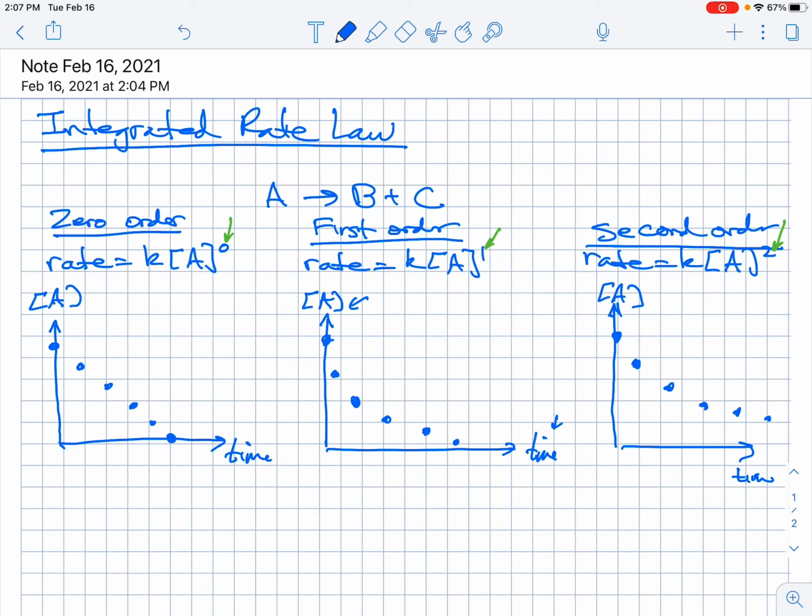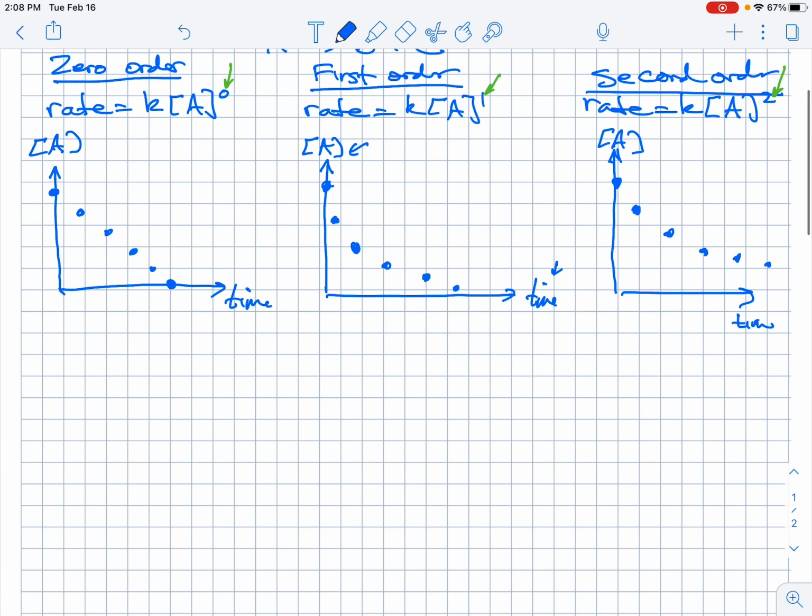The way you do that is that we're going to do some math to make the graphs come out to look like straight lines. This is pretty easy for zero order because it's already a straight line. For zero order, the concentration of the reactant versus time is just a straight line.